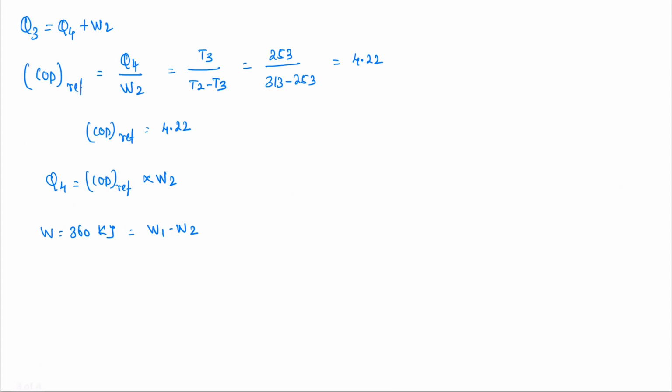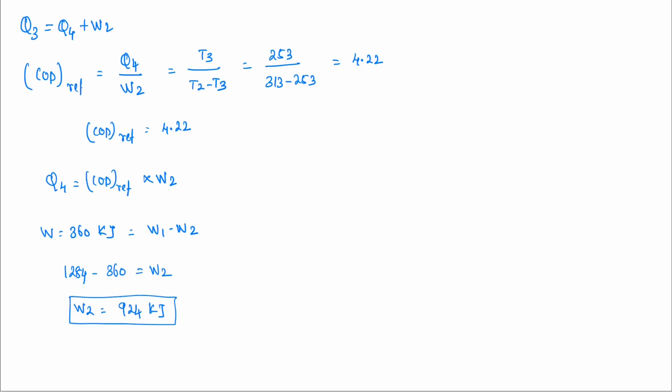From this, you can find the value of W2. That is, 1284 minus 360 is equal to W2. Therefore, the value of W2 is calculated as 924 kilojoule. We have found the value of W2.